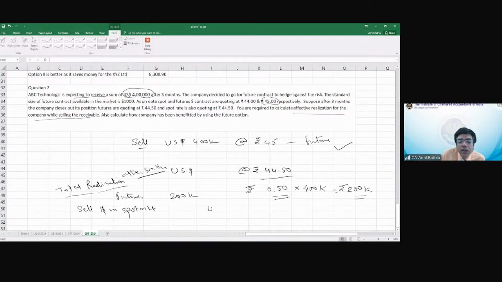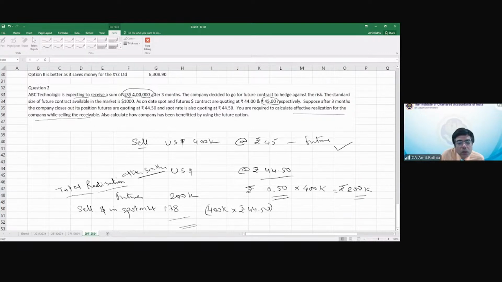And then I will sell my currency, sell dollars in spot market. So how much will that be? 400K into rupees 44.50. So that will be 1 crore 78 lakhs, right?